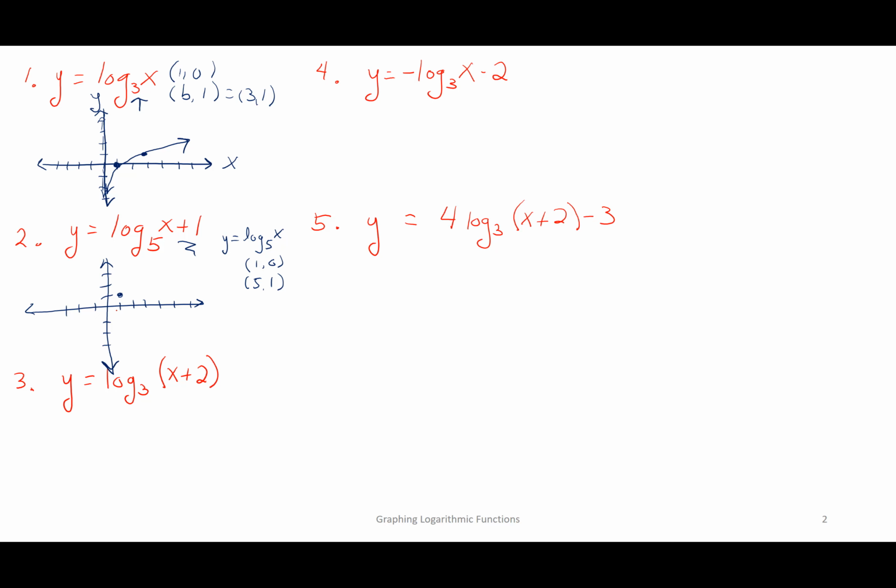And our 5 comma 1 becomes 5 comma 2. So those are our 2 points. And our asymptote is still right along here, at x equals 0. That's still our asymptote. And now we can go ahead and draw this in.